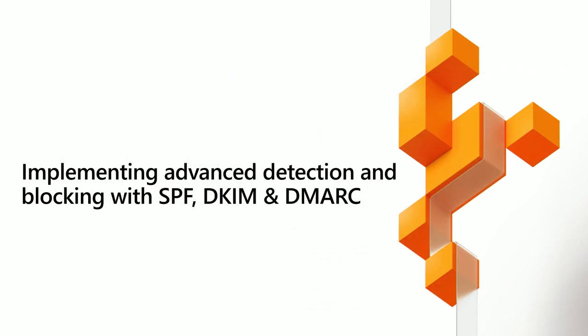All right, so advanced detection and blocking with SPF, DKIM, and DMARC. Who here is doing all three? Yay, fantastic. So it's not an easy thing to do, especially with all the hands I saw that went up with third-party people sending messages on their behalf, because DKIM specifically requires a signature not only for your domain, but when you have a third party sending on your behalf, they need to do the signature piece as well.